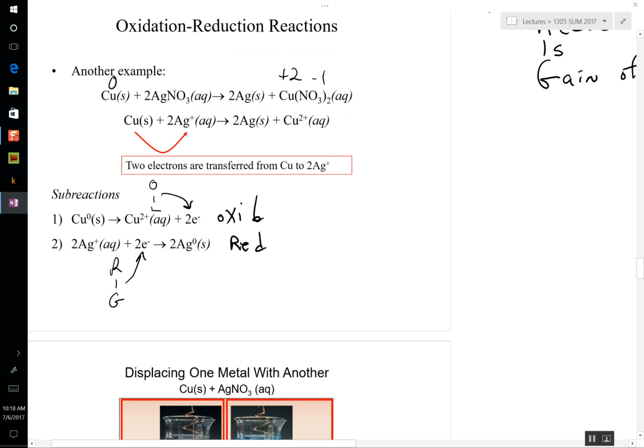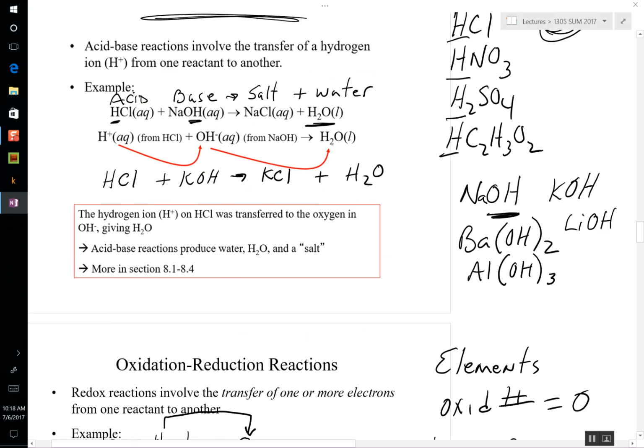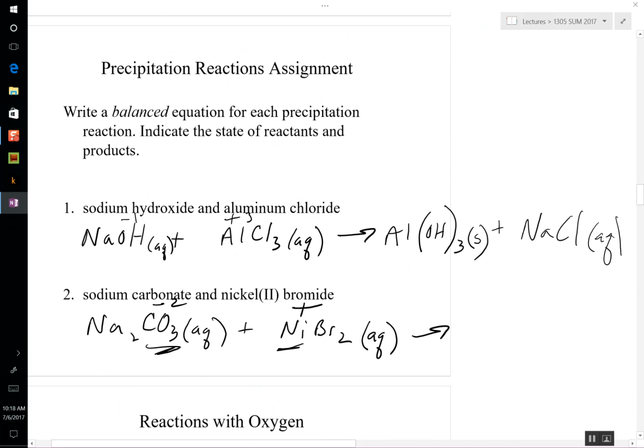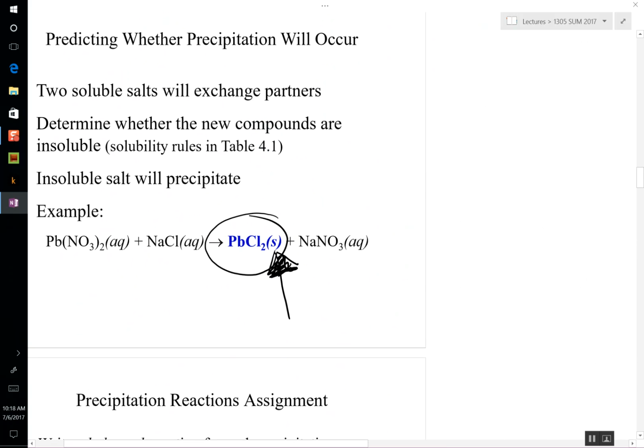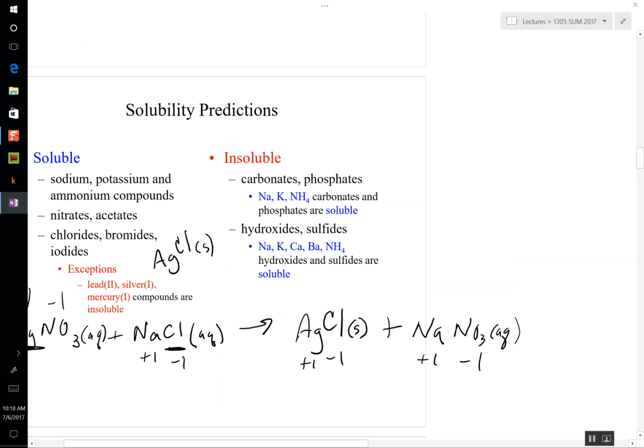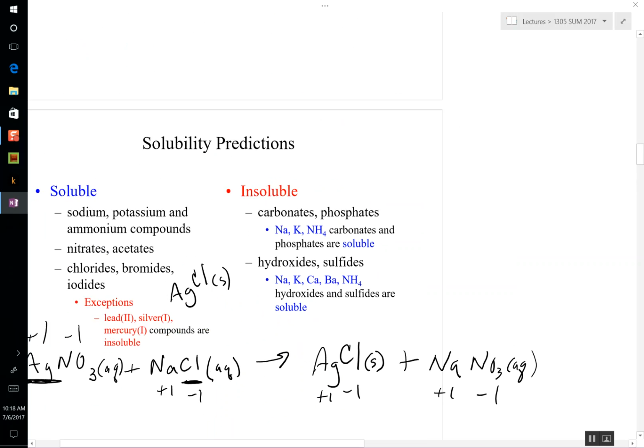Probably the only exception might be in a situation like this, where I might say, okay, I've got lead nitrate aqueous, I've got sodium chloride aqueous, and I wouldn't give you this part of it. Can you predict the precipitate? And how do you do that? You use these solubility rules.